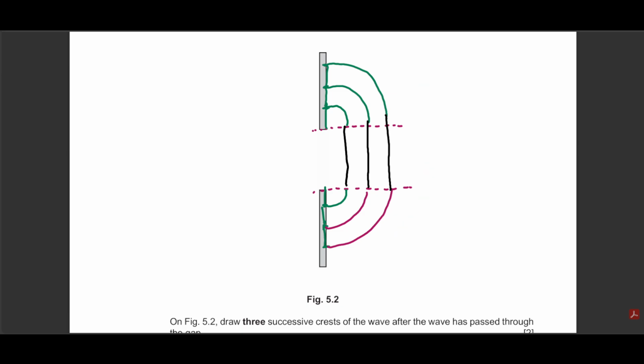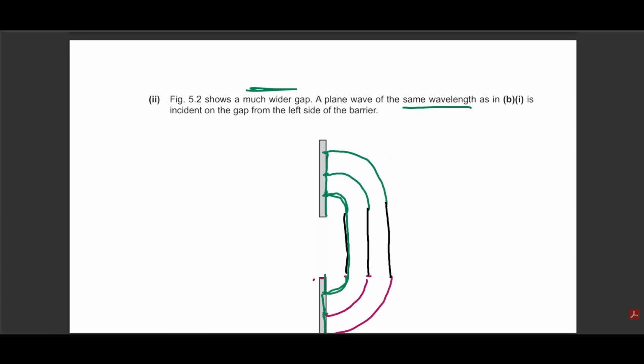But again, you have to be a bit scientific about that. At the end, simply erase the dots, because they were there to serve as a guide, because that's exactly what happens. The wave that is in front of the gap does not get bent, but only the wave that encounters the edge gets bent out. So this really helps you in drawing the wave.